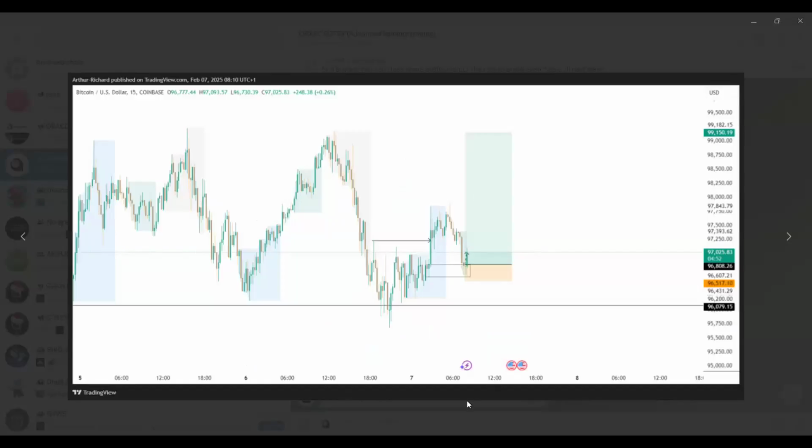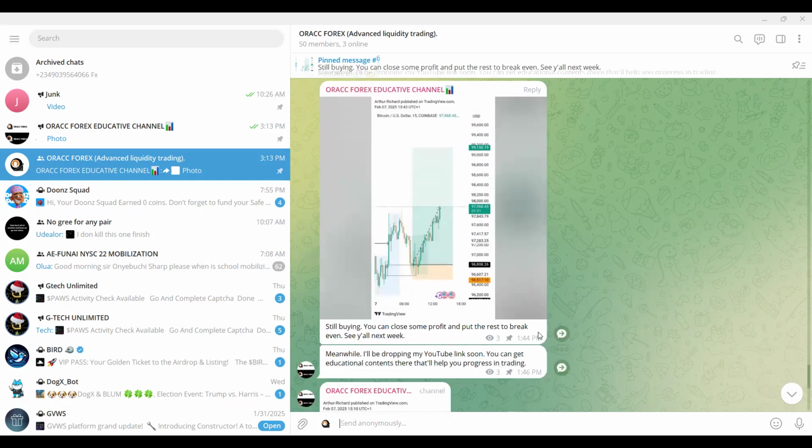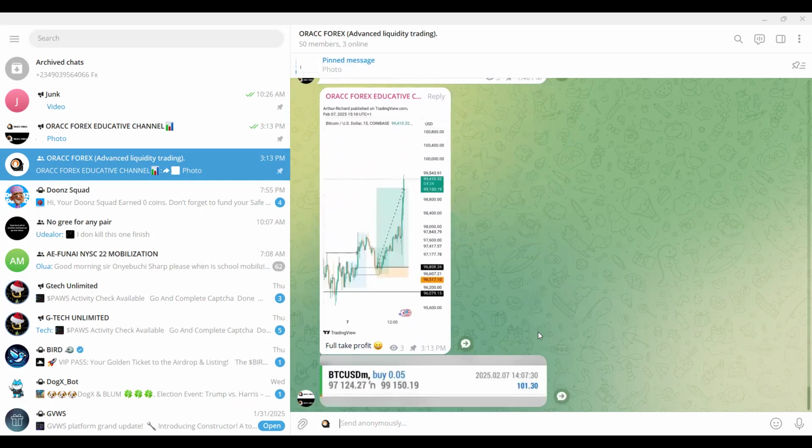So I dropped the signal for the group and we made profit from it. So I want to share with you guys how I made profit from this trade. So let's head over to the chart.